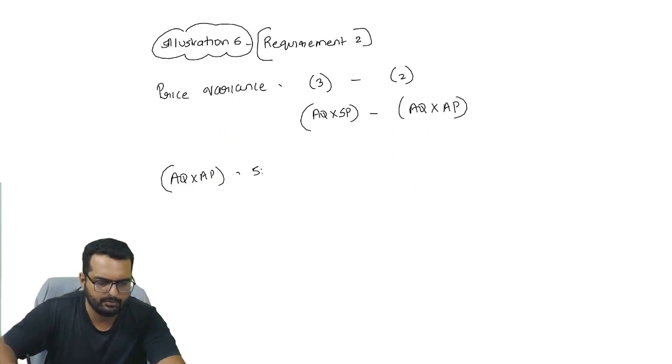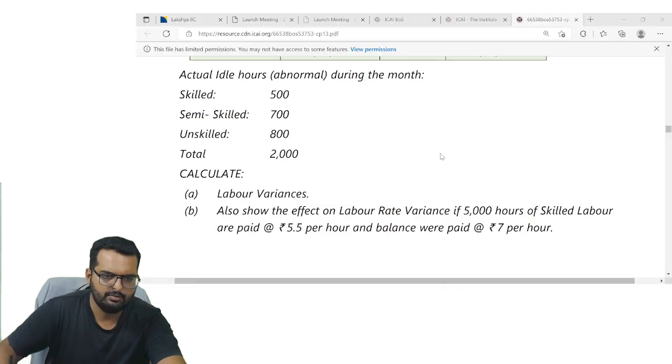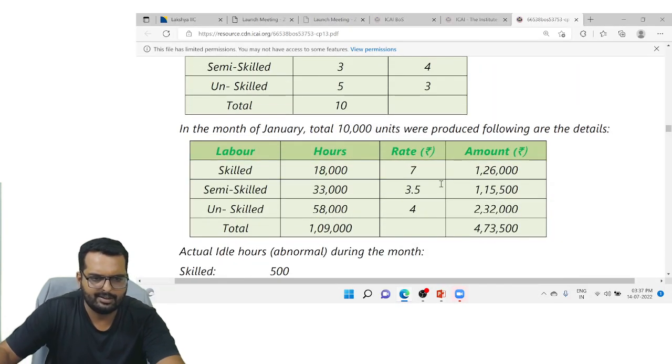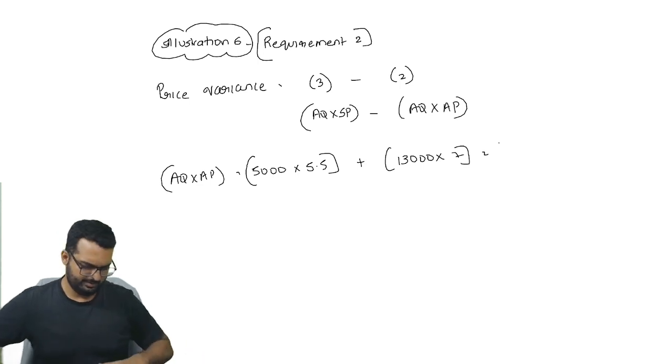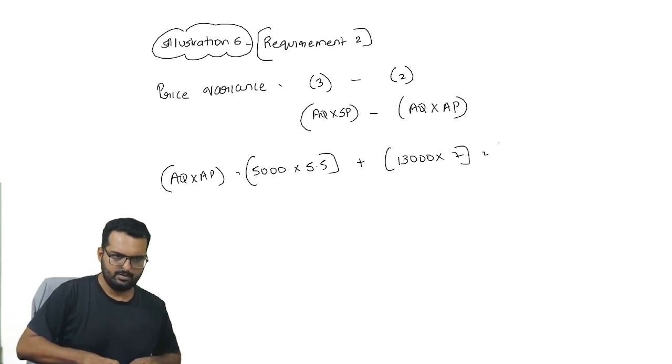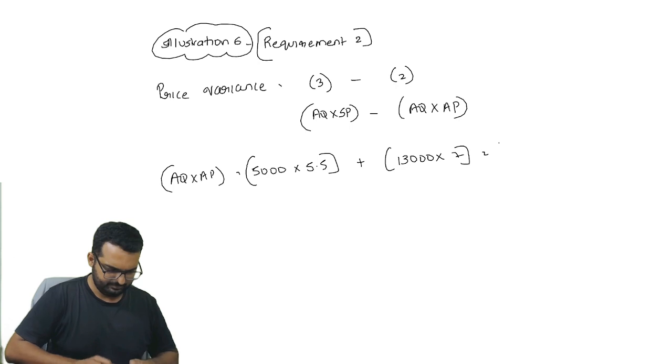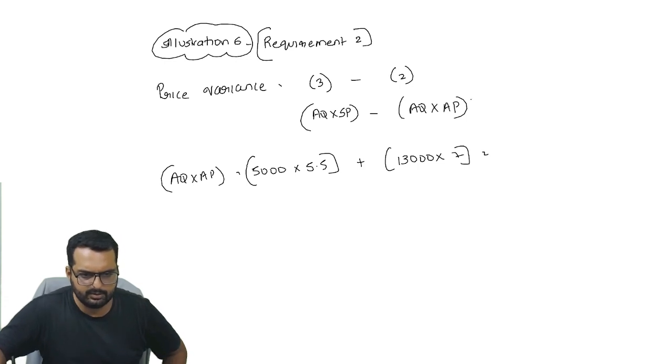So the formula will be 5,000 into 5.5 plus remaining 13,000 will be paid at the rate of 7. So now tell me what is the total you get over here? You get the answer as 1,18,500.